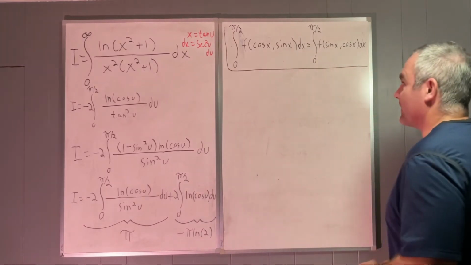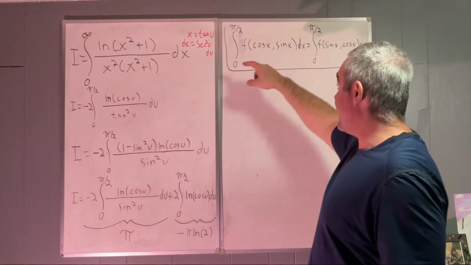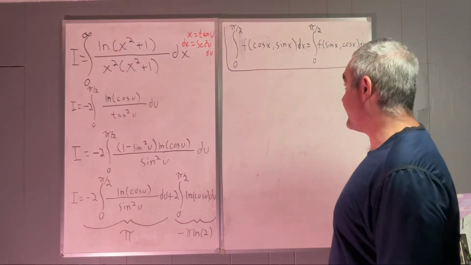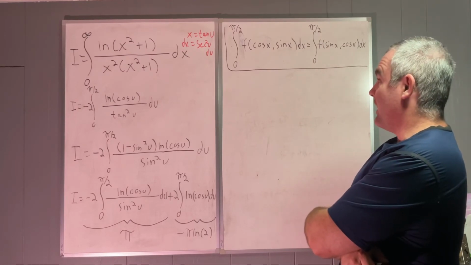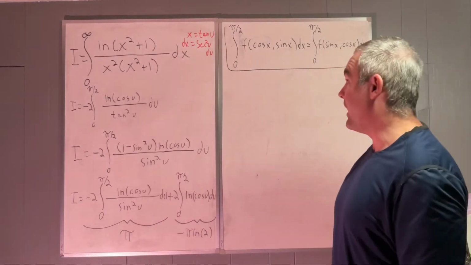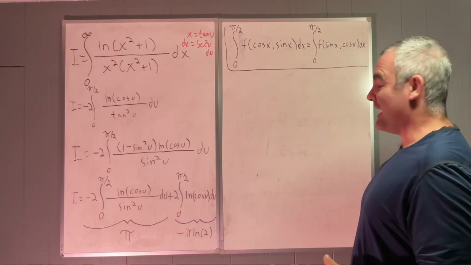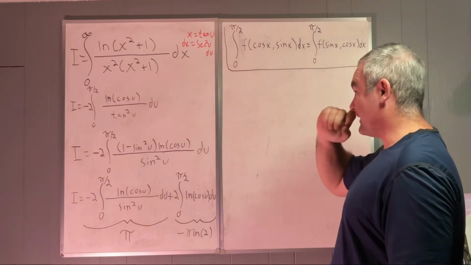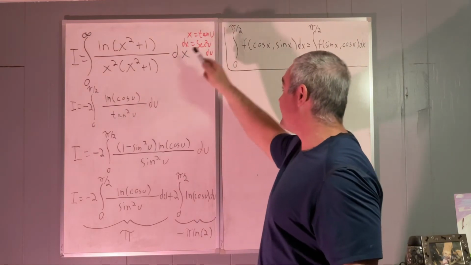All right, let's get started. So that's our integral. We make the substitution that x is equal to the tangent of u. I picked that because I have x squared plus 1 in the bottom, and that always makes it a little bit easier, because it will cancel out.